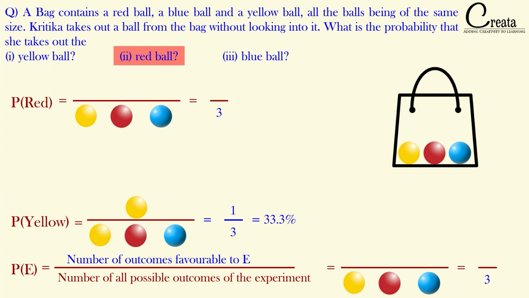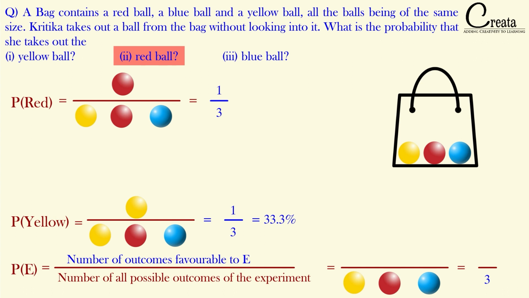Similarly, if we take the second case, that is red ball, here the denominator will remain the same, that is the number of all possible outcomes of this experiment is 3. That is yellow ball, red ball and blue ball. Only the numerator will change. Here the numerator will change to red ball, that is the number of outcomes favorable to our event. Here the event is taking the red ball out, that is 1.